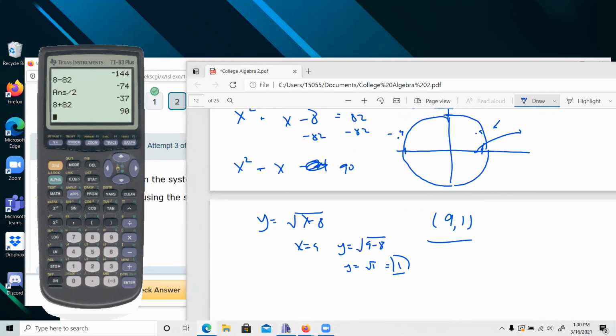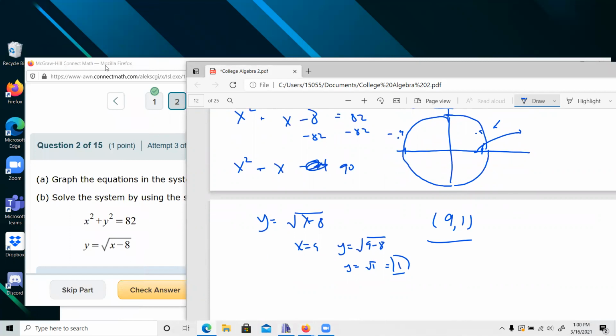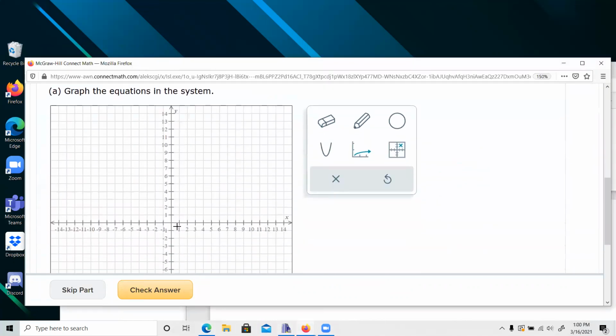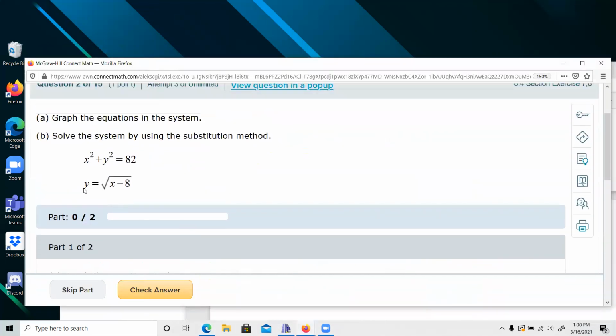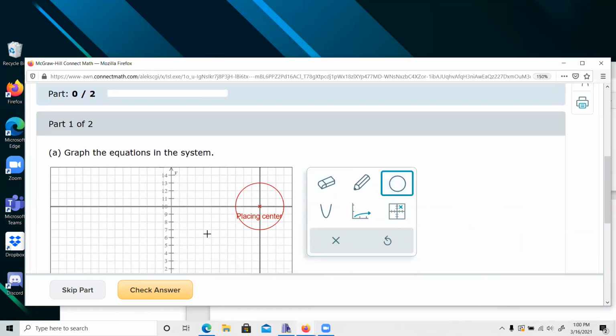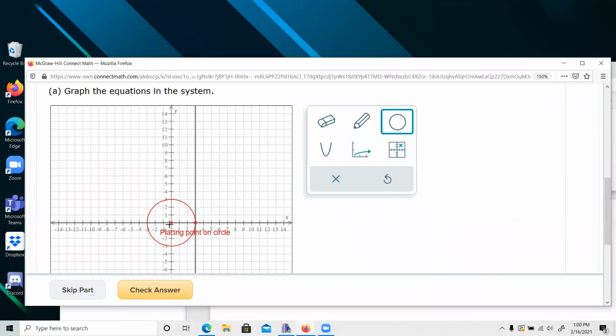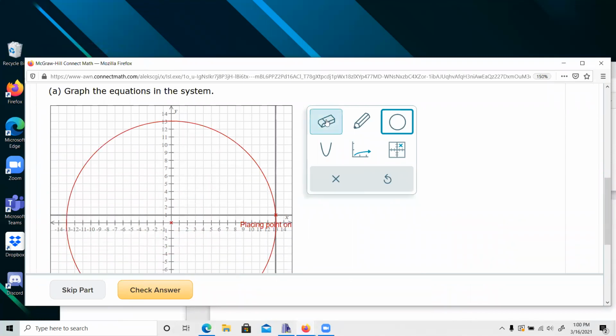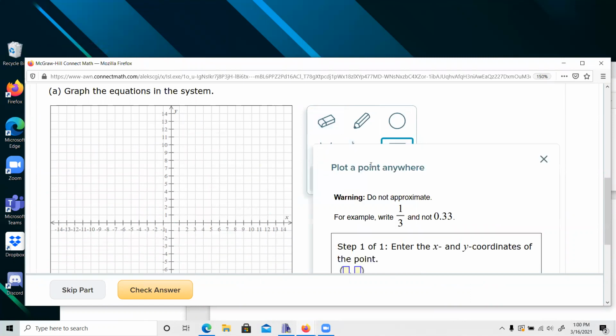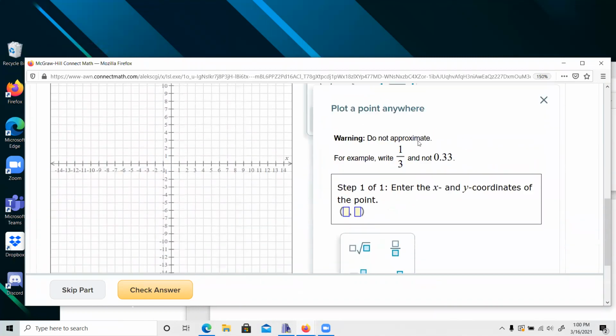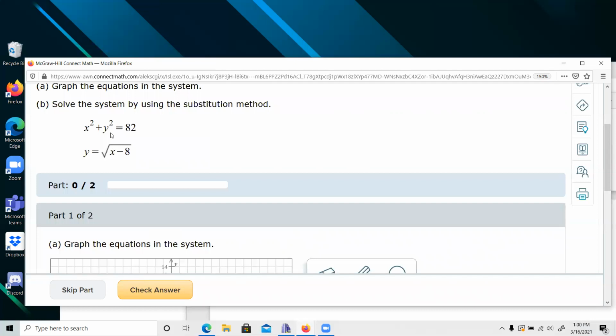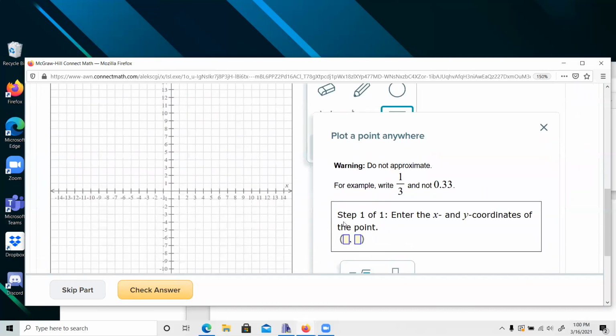Let's see how to work it on a computer. All right. We have to graph this. At this point, x squared plus y squared is equal to 82, and I do my circle. Here's the center, and we need another point. That's going to be kind of rough, right? So what we're going to do is pick any point on the circle, but I'm going to plot it.